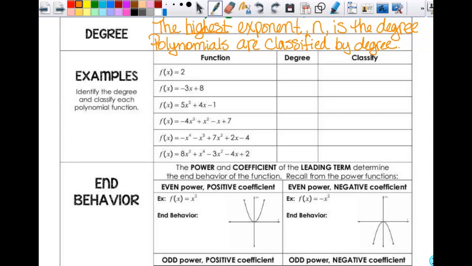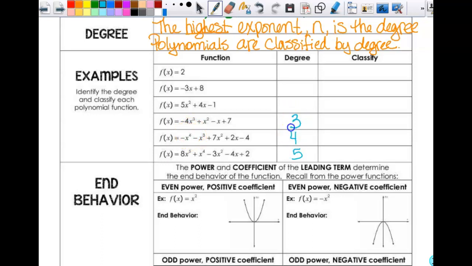So we're going to identify the degree for each one of these and classify it. We're going to start from the bottom. These are all in order from greatest to least for the exponents, which is great, but always double check that. If there was a 6 here, then 6 is the highest number. But my degree here is 5. The degree here for this one is 4. I don't care about the coefficients or anything else.